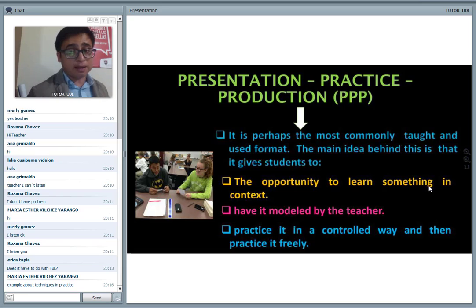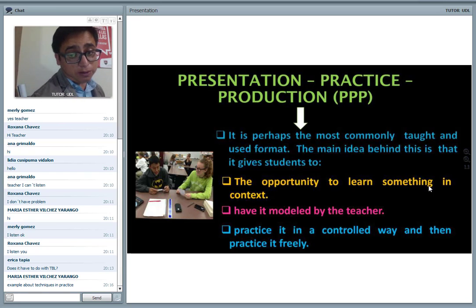So presentation, practice, and production, that is the PPP. It is perhaps the most commonly taught and used format. The main idea behind this is that it gives the students the opportunity to learn something in context. Here, the students are learning in context because you are giving them the information that they need before producing something.